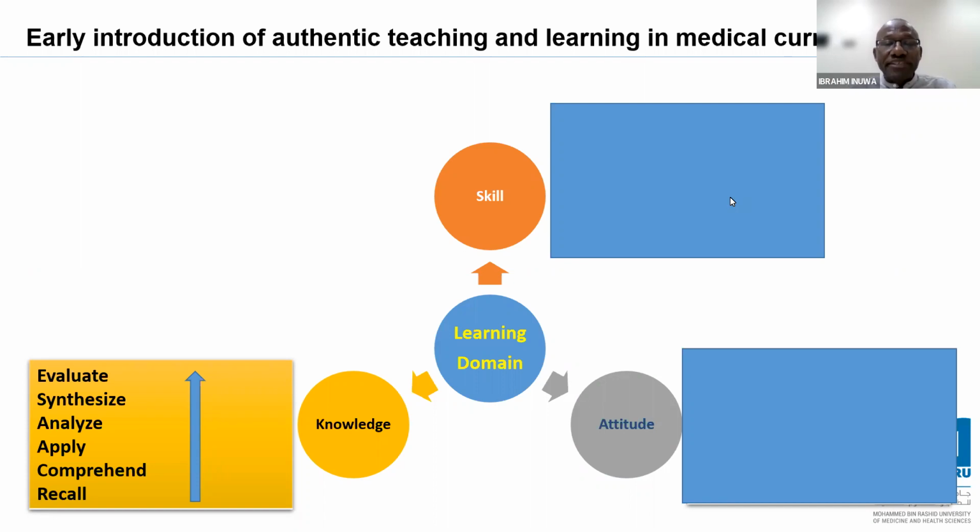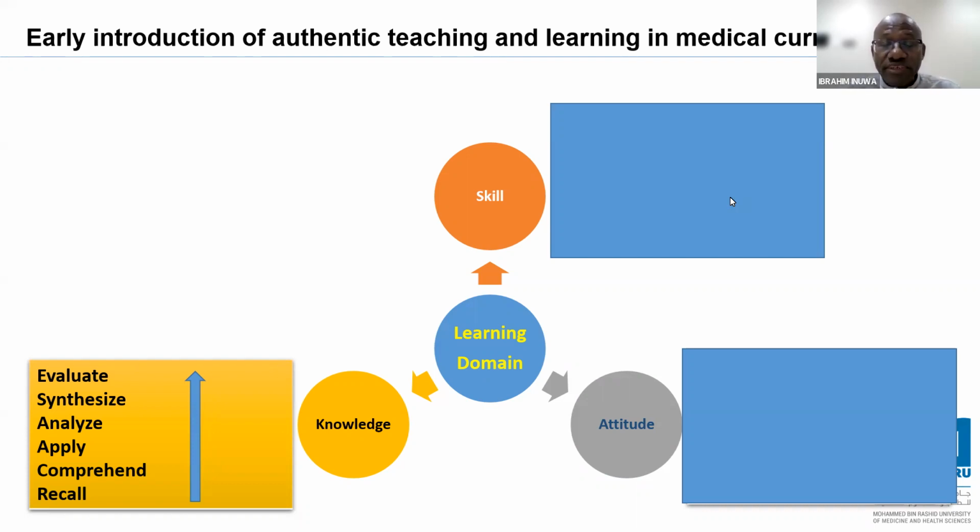And again, Bloom has shown this to us: if you're thinking about learning, there is a domain which is knowledge, there is a domain which is skill, and there is a domain which is called attitude, for lack of a better term, which we like to use for something related to behavior. And so we need to ask ourselves, as basic scientists, are we teaching the domain of knowledge? Are we teaching the domain of skill? Are we teaching the domain of attitude? Are we teaching a mixture of the three?